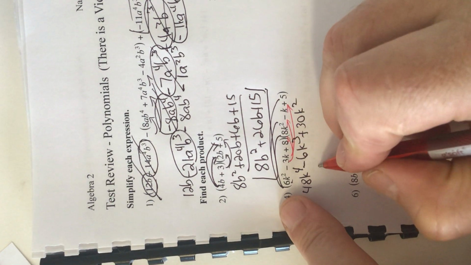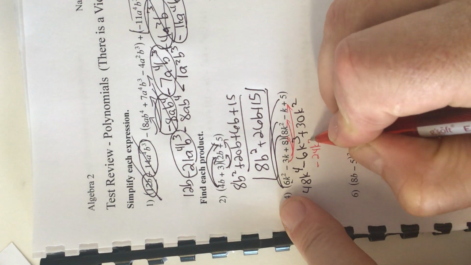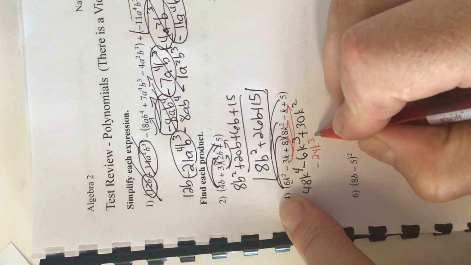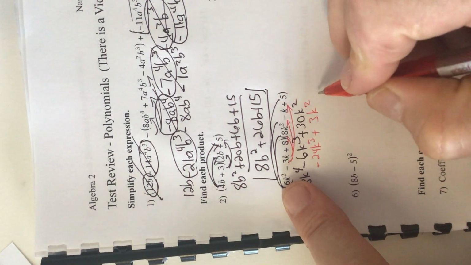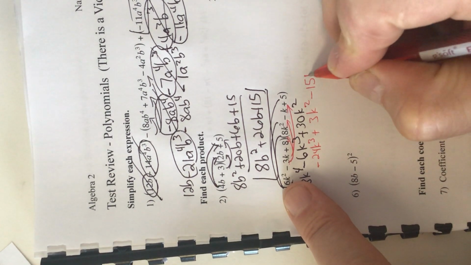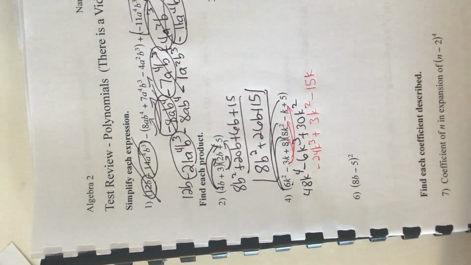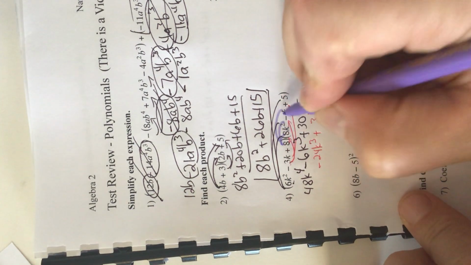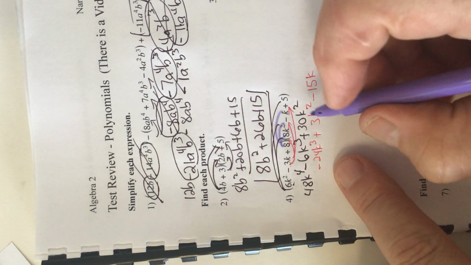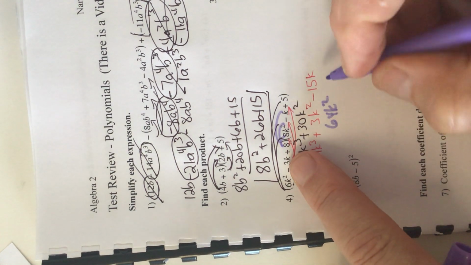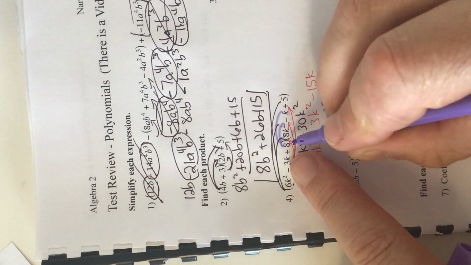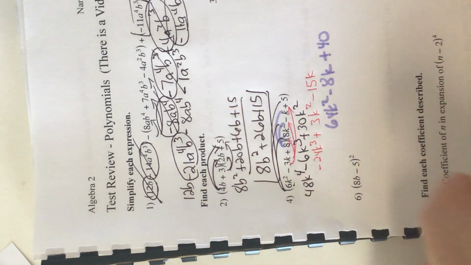Negative 3 times 8 is negative 24k to the third. Negative 3 times negative k is positive 3k squared. And negative 3 times 5 is minus 15k. And then I have to take the 8 times everybody. So 8 times 8 is 64k squared. 8 times negative k is negative 8k, and 8 times 5 is 40.